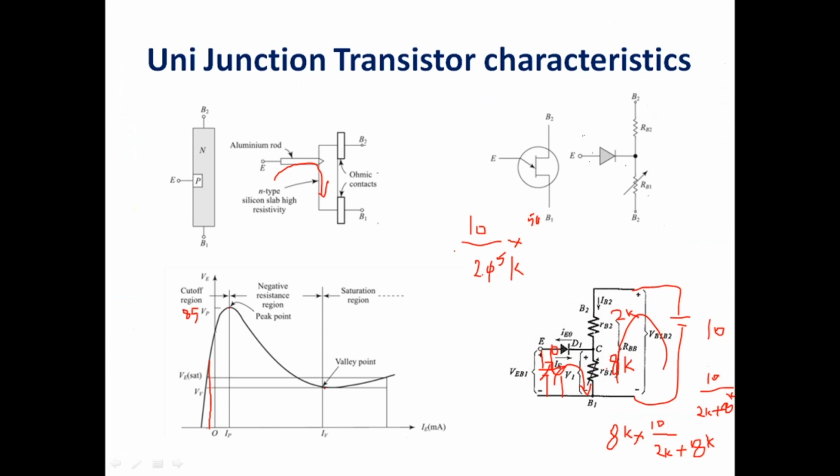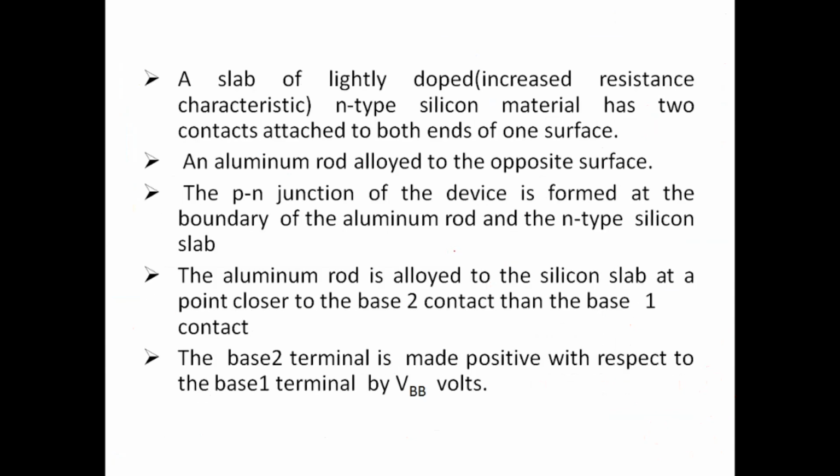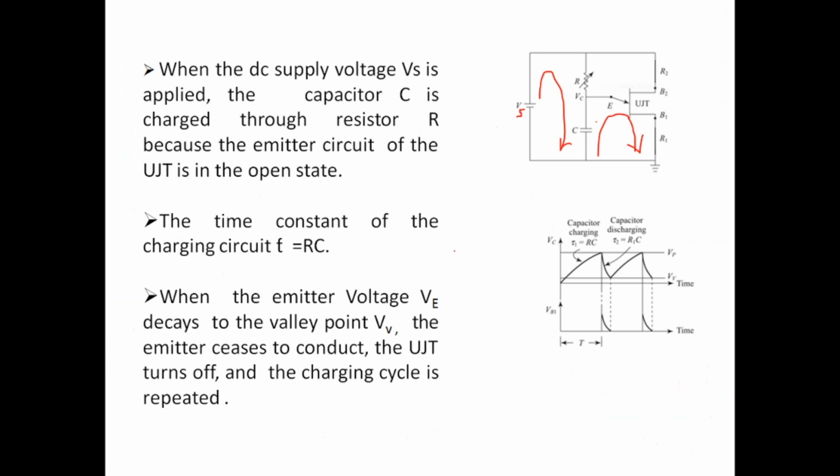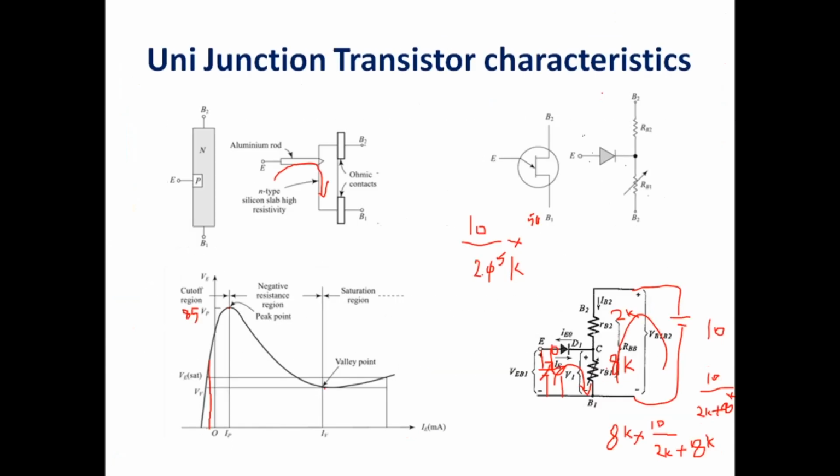once the capacitor voltage comes below that value VV, what happens? This diode will turn off, because to forward bias this diode takes 0.5 and VV, so the capacitor voltage should be more than 0.5 plus VV.